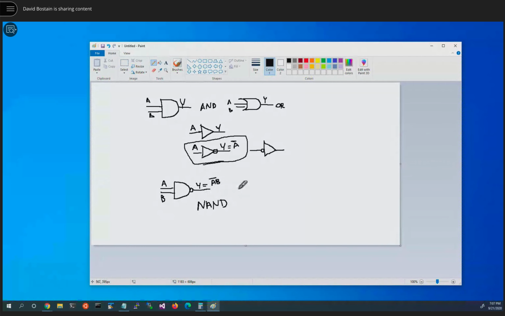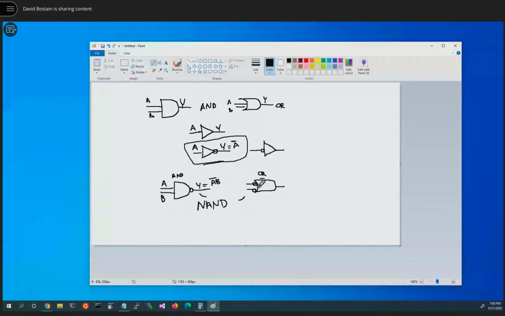The other way we can draw a NAND gate, called the Demorgan NAND gate, is to draw an OR gate, but invert the inputs. Both of these are NANDs because of Demorgan, even though this one looks like an OR gate. Looks like an OR, right? This looks like an AND. So this guy right here is basically ANDing and then inverting.